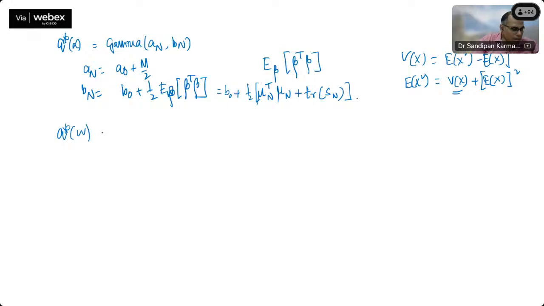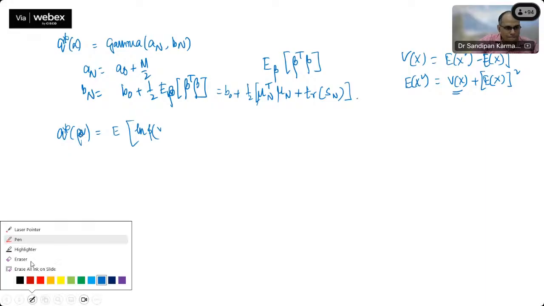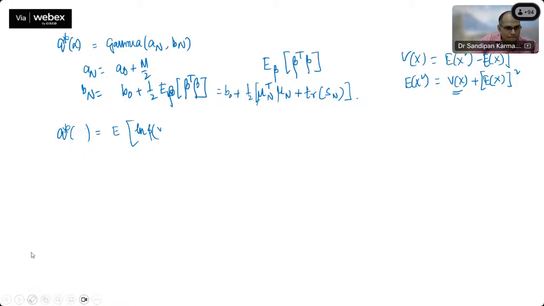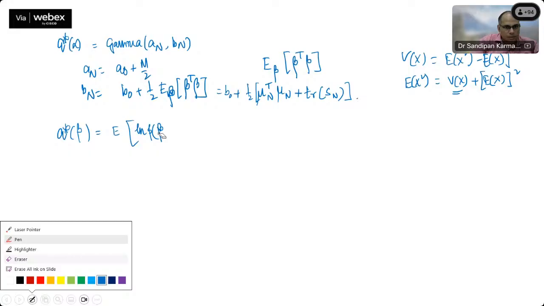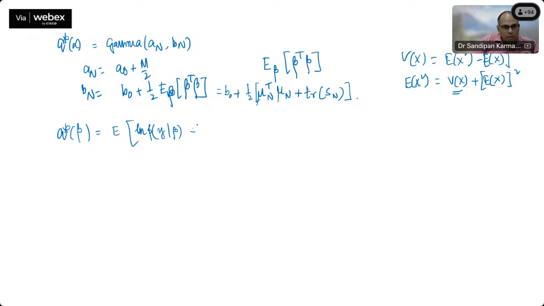So Q star of beta will be the expectation of ln P of y given beta plus ln P of beta given alpha plus ln P of alpha.